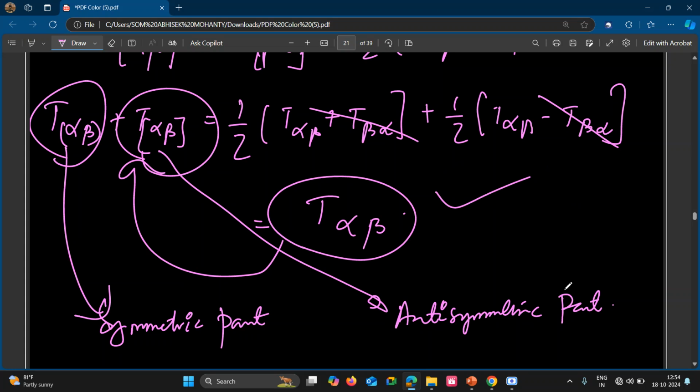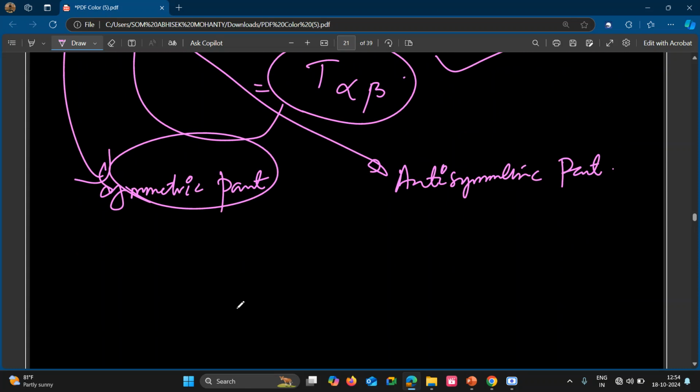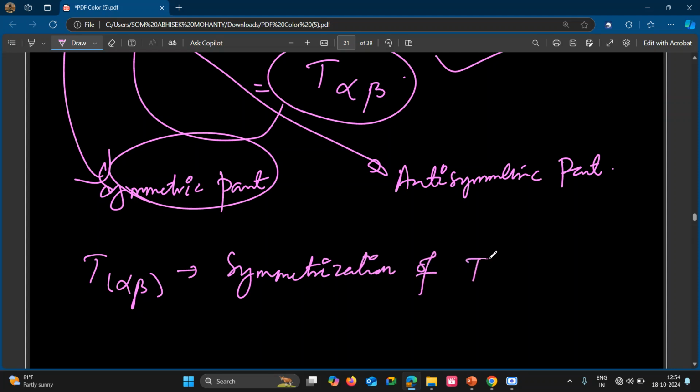So this symmetric part is called the symmetrization of T alpha beta. We are symmetrizing the original T alpha beta. And the square bracket T alpha beta will be called what?